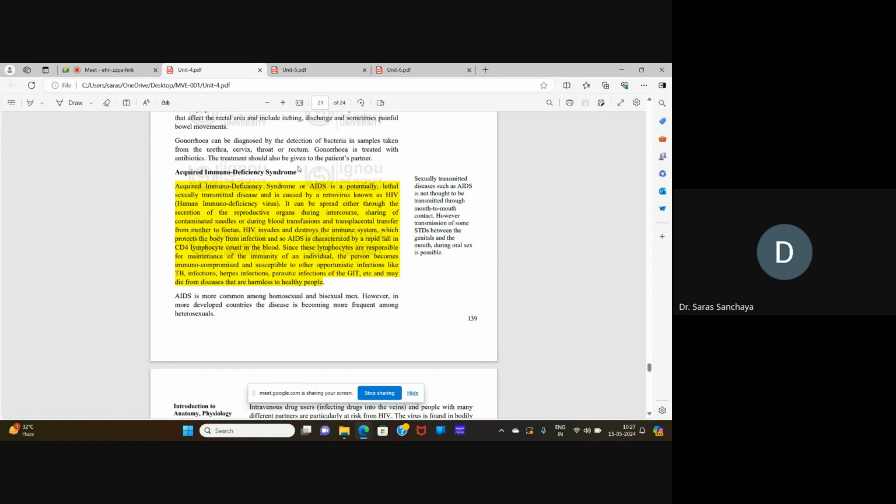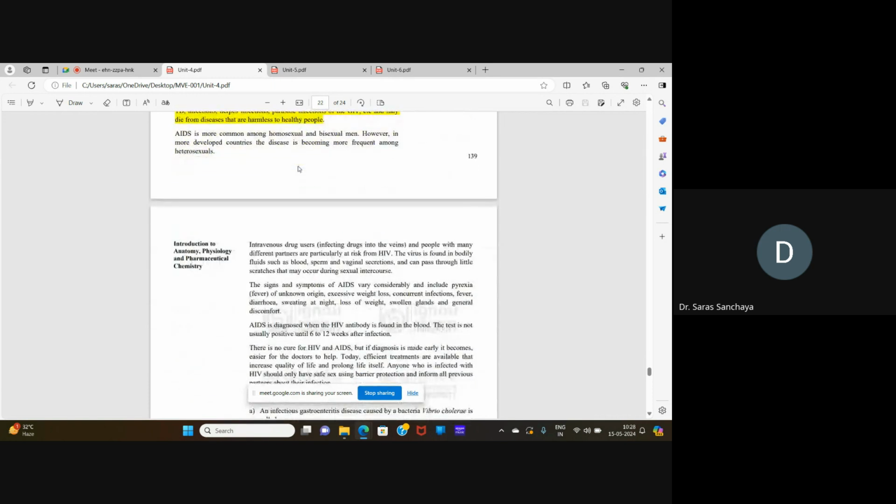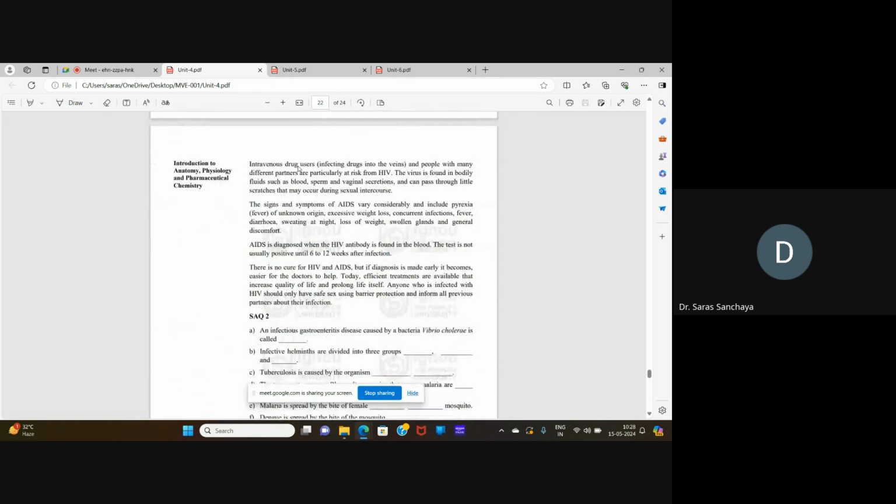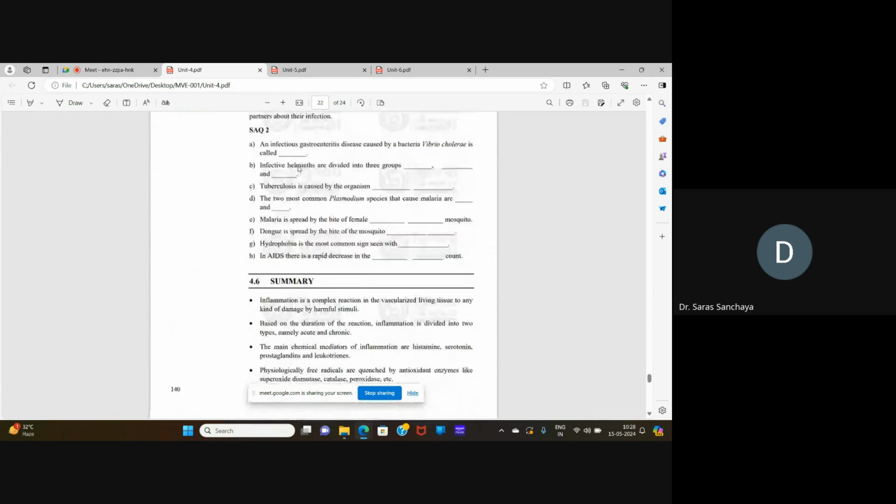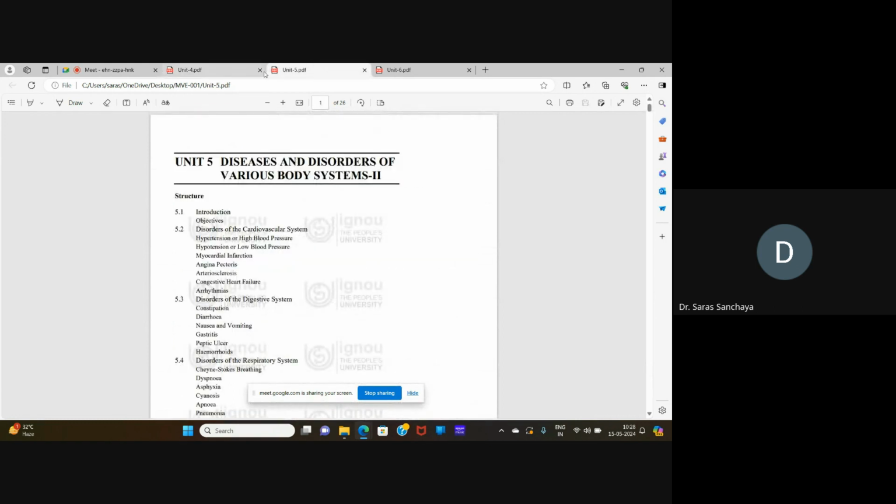Since these lymphocytes are responsible for maintenance of immunity of an individual, the person becomes immunocompromised and susceptible to other opportunistic infections like TB, herpes infections, parasitic infections of the GIT, etc., and may die from diseases that are harmless to healthy people. So, because of immunodeficiency, there is acquirement of different opportunistic infections.